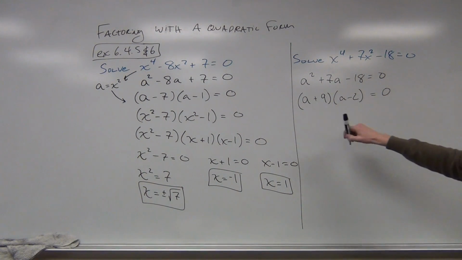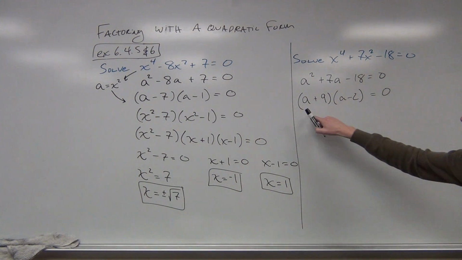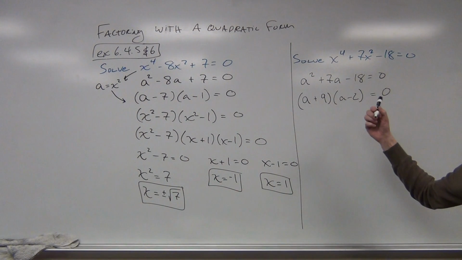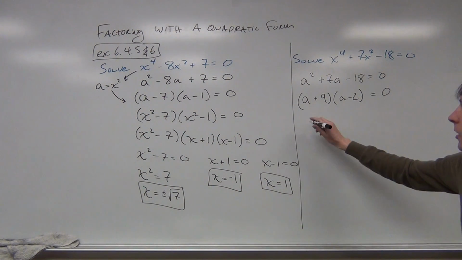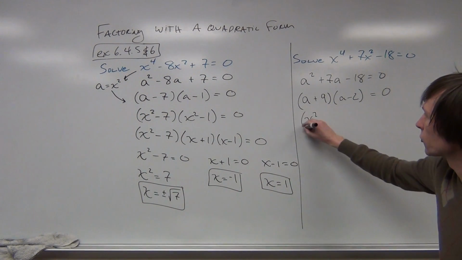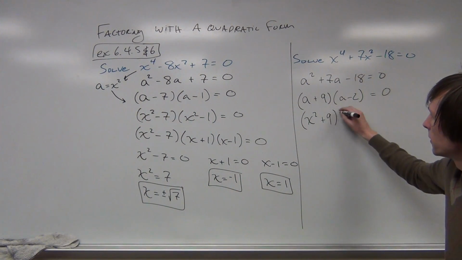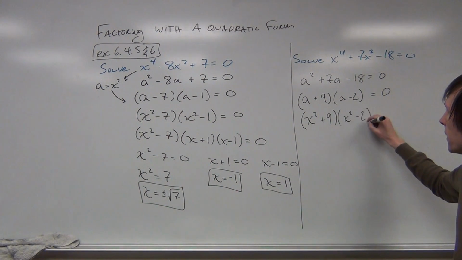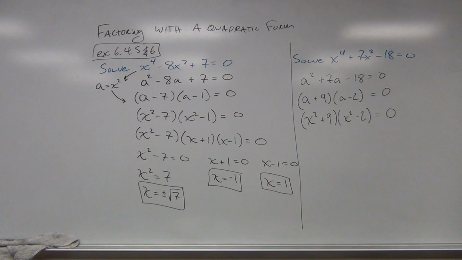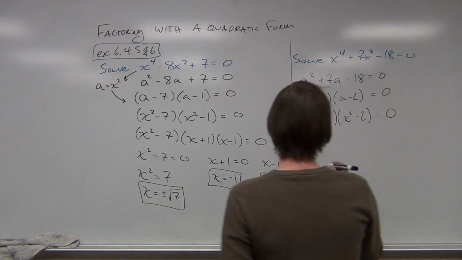Next, I substitute: a plus 9, a minus 2. My a's and my 9's look the same, I apologize. Plug my x squared back in place of the a, and now I can solve these two equations. x squared plus 9 equals 0, x squared minus 2 equals 0.